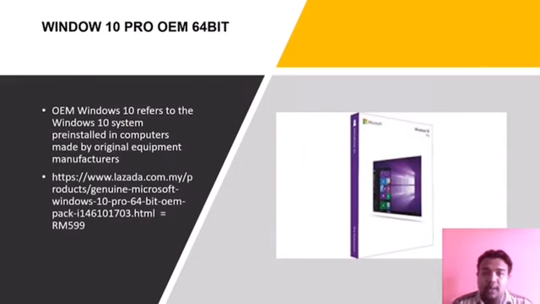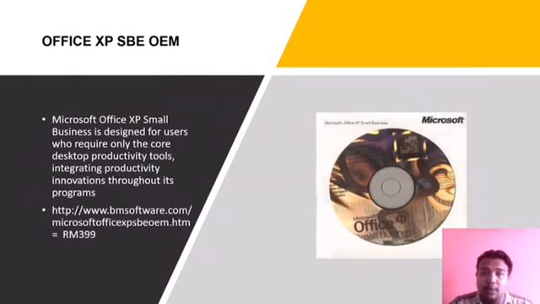You can get it at the link below, and the price is 599 ringgit. The next software is Office XP SBE OEM.